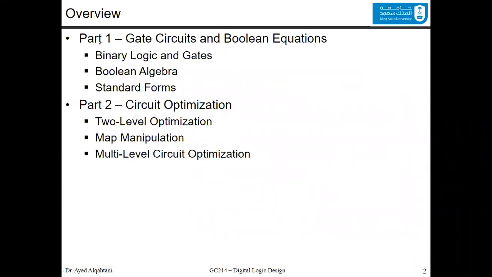So in part 1, which is the gate circuits and Boolean equation, we will see binary logic and gates. We will move to Boolean algebra, and we will finish with the standard forms. In part 2, in another lecture, we will check circuits optimization with its subjects.